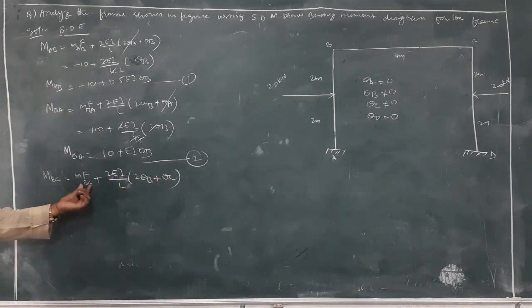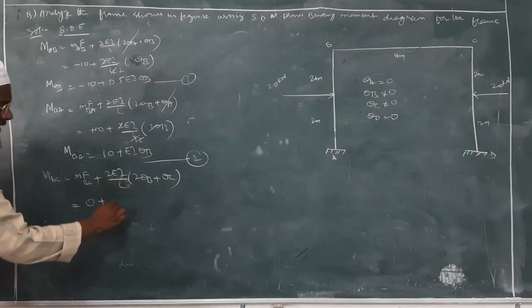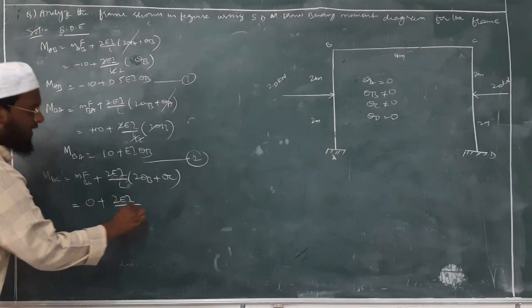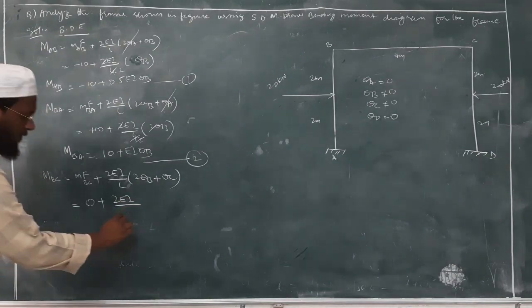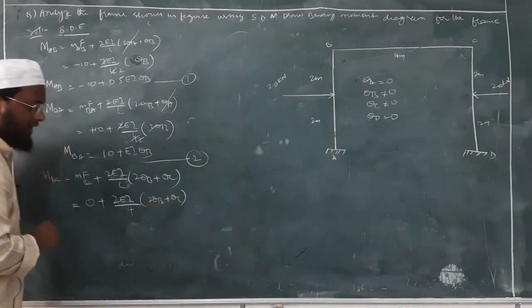The value of MFBC we have is 0. So 0 plus 2EI by L, what is the span of BC? 4 into 2 theta B plus theta C.